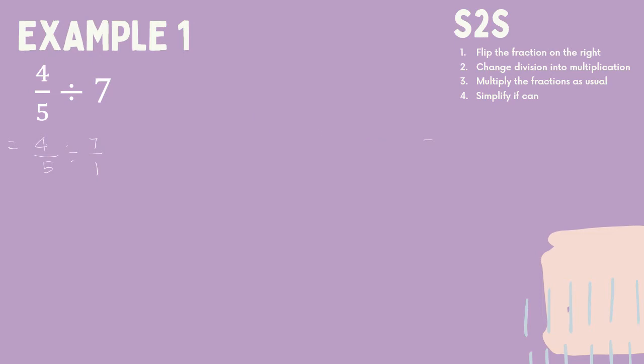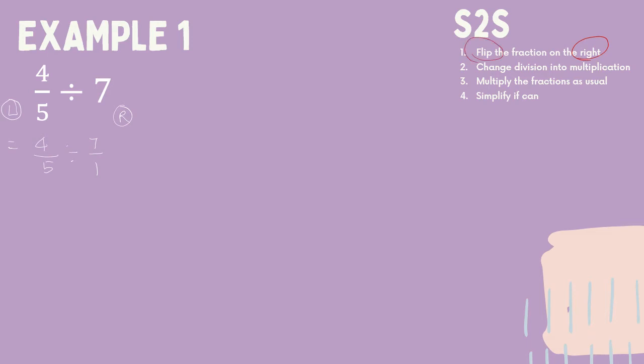Now, step 1, flip the fraction on the right. The fraction on the right is this one, 7 out of 1. On the left is 4 out of 5. Let me just label that: this is on the right, I'm going to label that with R, and this is on the left. You need to flip the fraction on the right, which is 7 out of 1. What does it mean by flip?